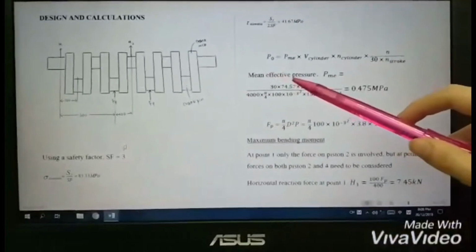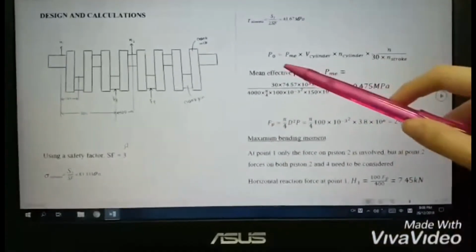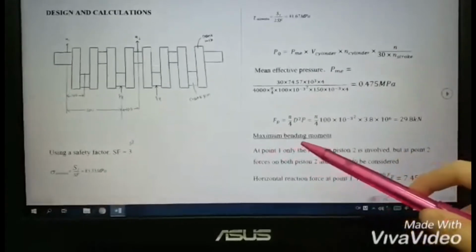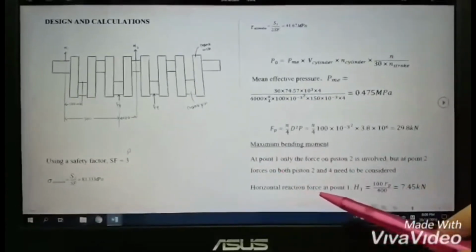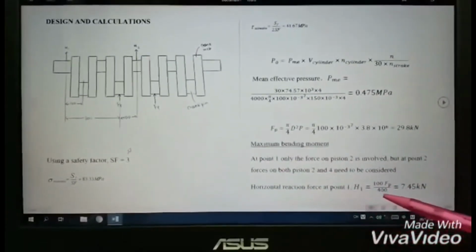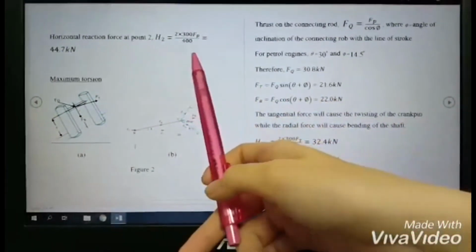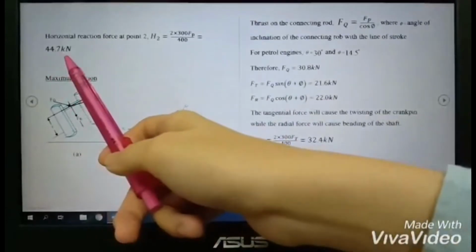For the mean effective pressure, we use this formula to determine it. For maximum bending moment, the horizontal reaction force at point 1 can be determined, and point 2 can be determined from this formula.